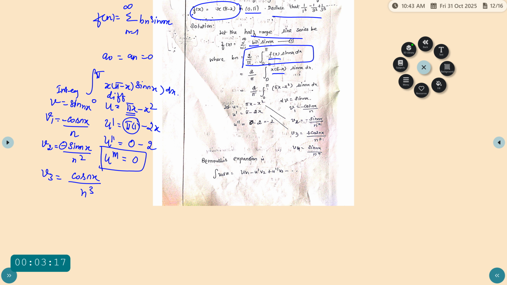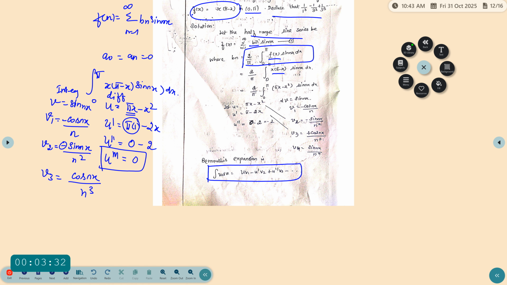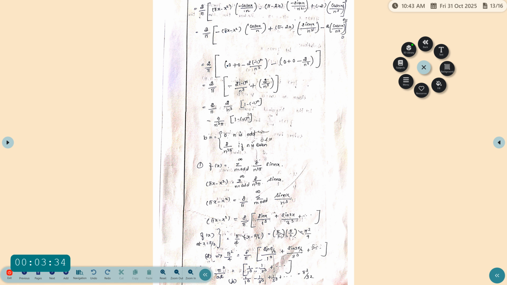Now we are going to apply the Bernoulli expansion. The Bernoulli expansion states that integral u dv equals u v1 minus u dash v2 plus u double dash v3 minus etc. So we can apply the Bernoulli expansion here. U into v1: we already found that u is pi x minus x square.